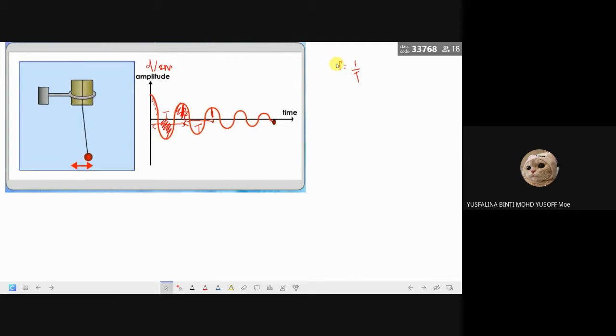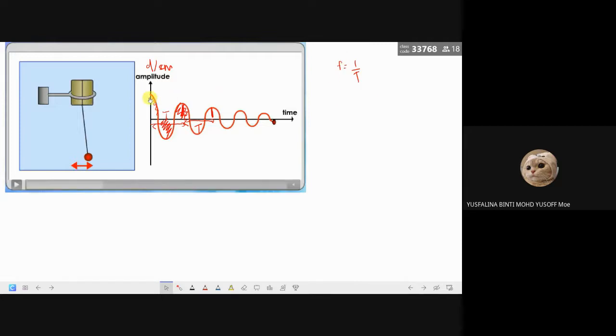In damping oscillation, only the amplitude decreases, but the period or the frequency will be constant. Please remember that. There will be no change in frequency here. You can see in the graph, if you compare the distance between two periods, the distance is the same, so the period is the same and the frequency should also be the same.